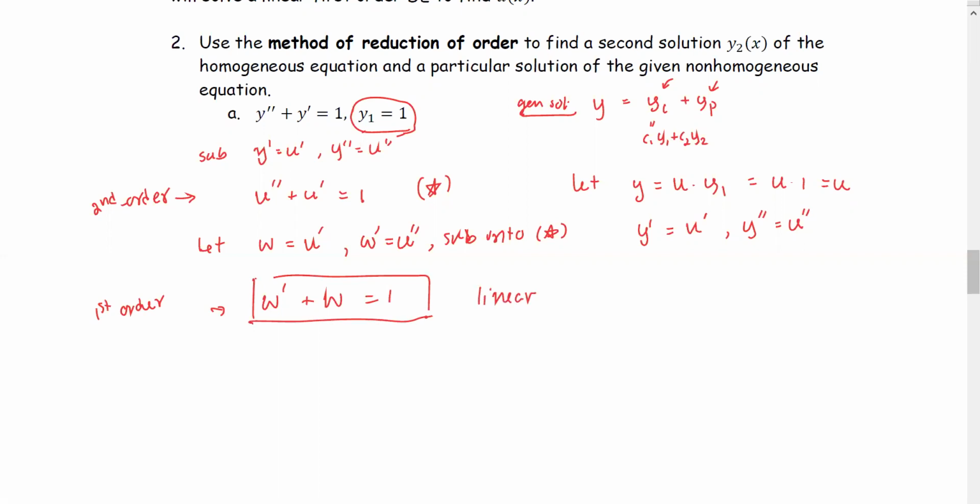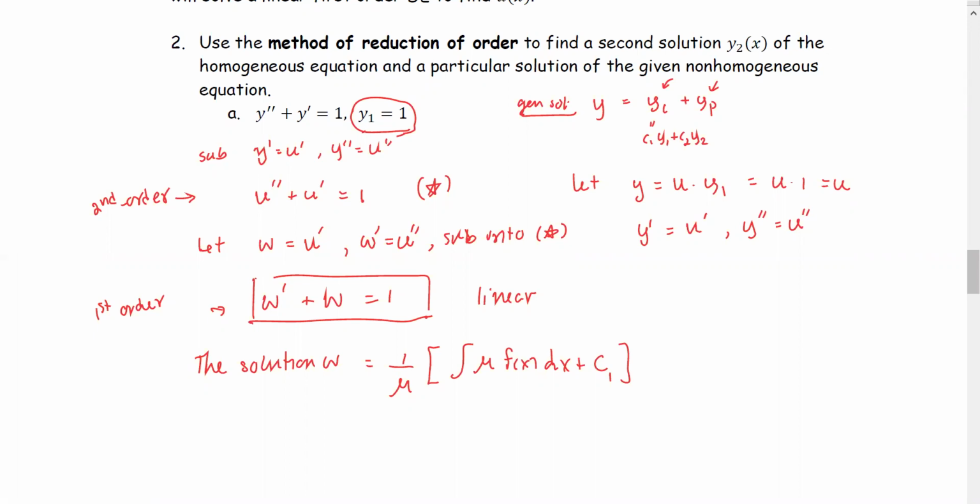Since this is linear, we are going to use the linear formula to find the solution w, which is 1 over mu multiplied by the integral of mu times f of x dx plus c. I'm going to put it as c1, as we have more antiderivatives coming out.